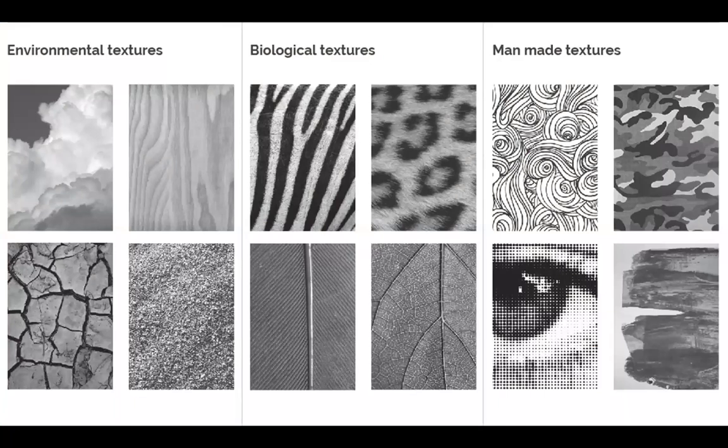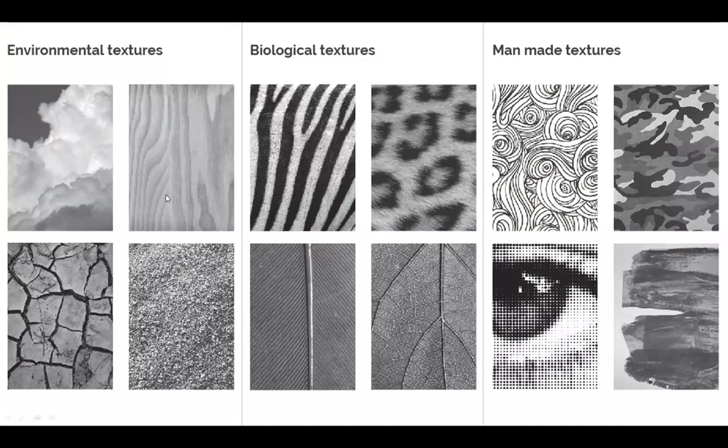Under environmental textures, we can have something like wood, sand, water, stone, the sky, soil.